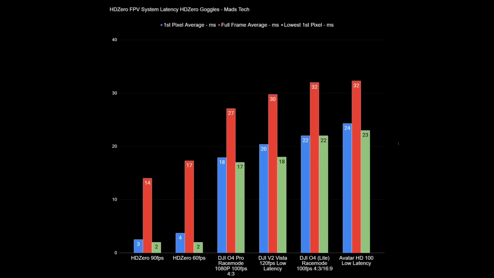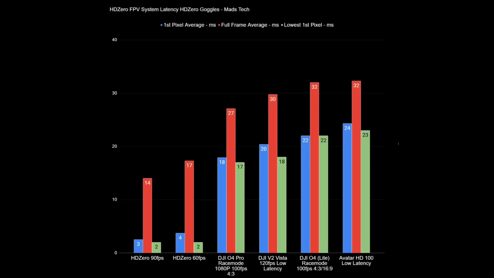Now, looking at where this new O4 race mode lands compared to the other systems, HD0 and Avatar HD, the truth is, whilst DJI have improved things, there still is no comparison compared to HD0, especially in the Nano 90 setup.